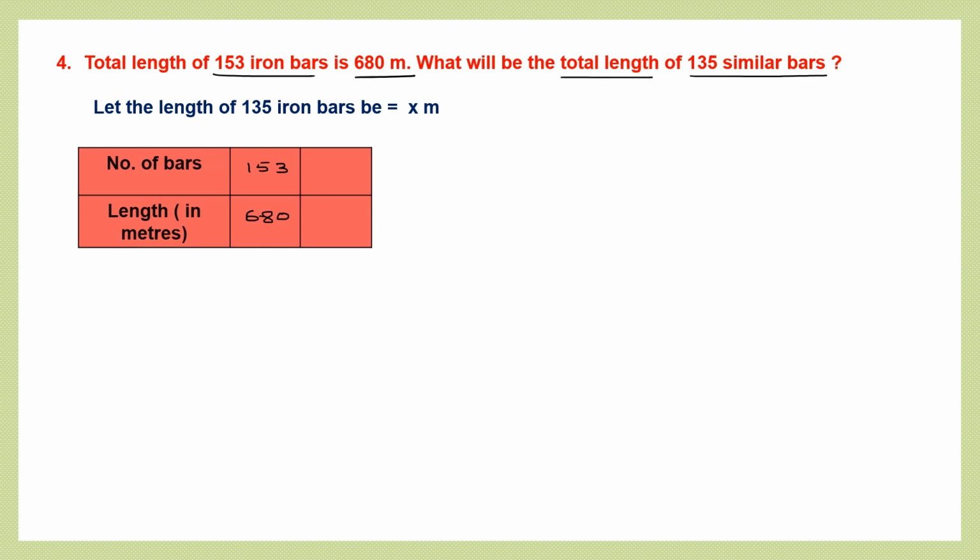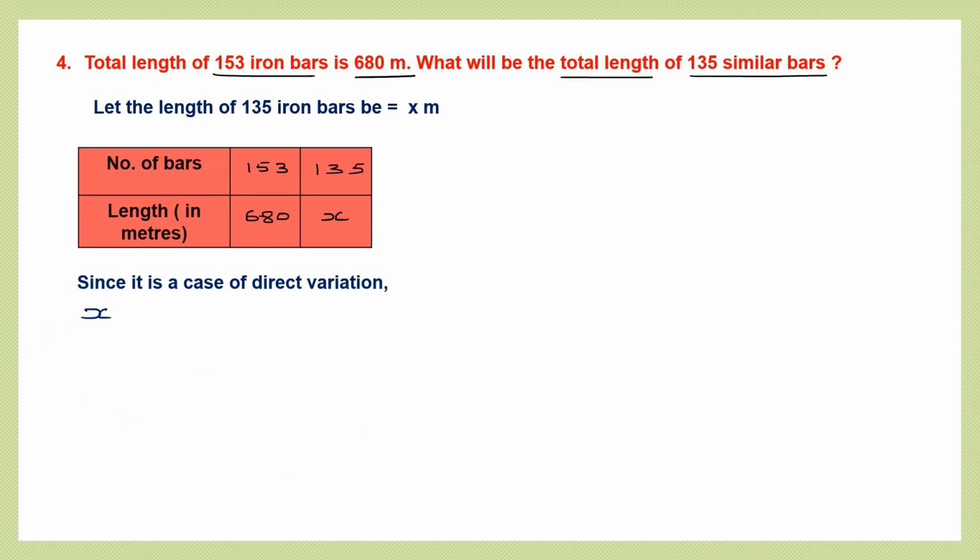So total length we don't know, so that is going to be x, and the number of bars is 135 now. So we have 153 bars and the length is 680 meters. Now the number of bars has reduced, that means the length will also reduce. So this is a case of direct variation. So since it's a case of direct variation, we say x1 by y1.